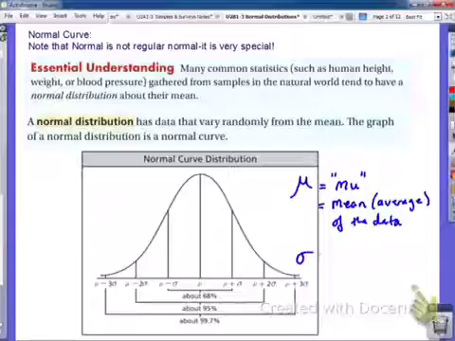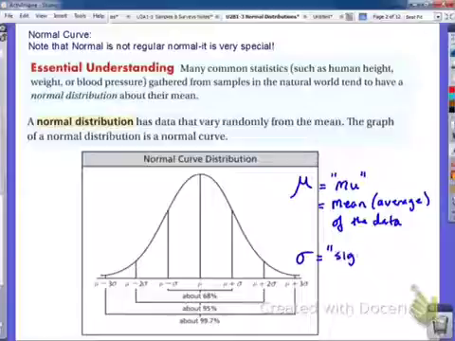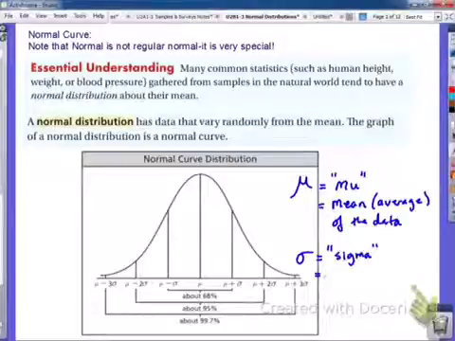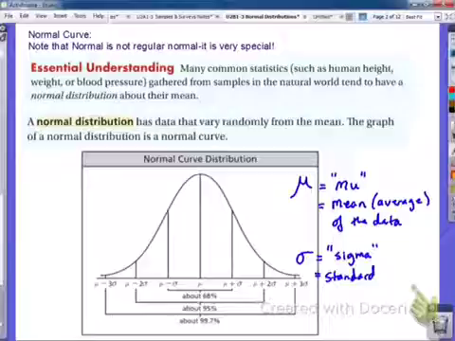This symbol here, also a Greek letter, is the letter sigma. It is the standard deviation.